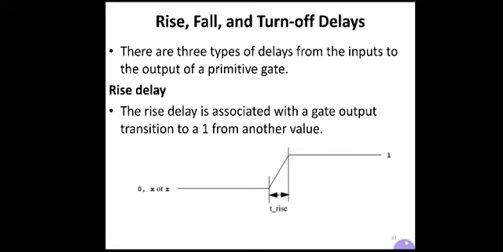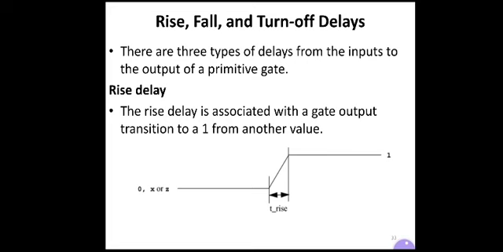Or from the unknown value x, the output changes to 1, it's a rise delay. Or from high impedance z to 1, this is also a rise delay. That means whenever the output becomes 1 from 0, x or z, that is called rise delay.